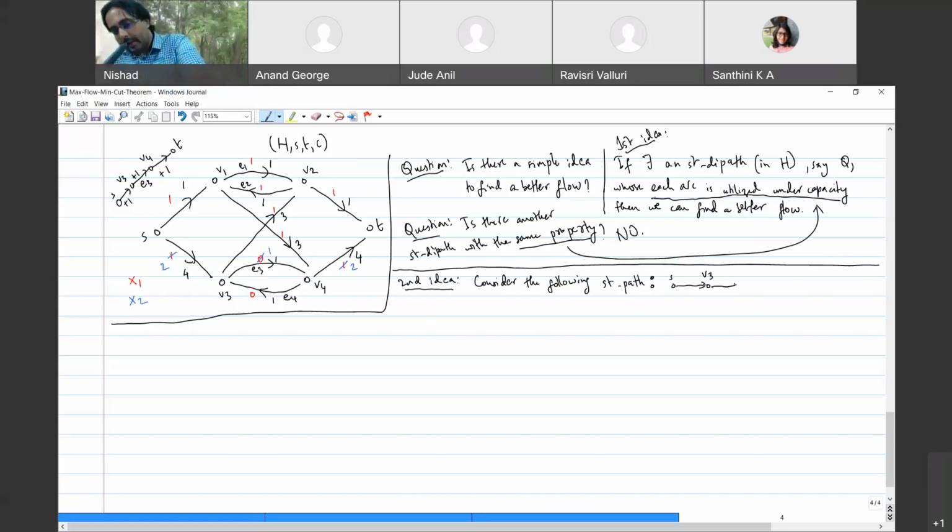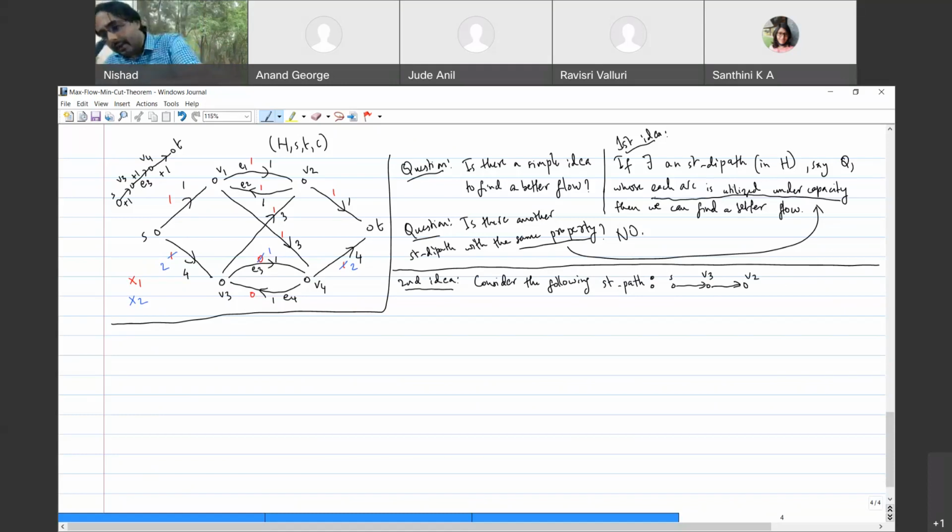So that is also going in this direction. And where are you going next? V2 to V1. But this is not an under capacity arc. So what you can do is use the reverse arc, the one going from V1 to V2, which is in the reverse direction. We will use that arc and we will reduce its flow.